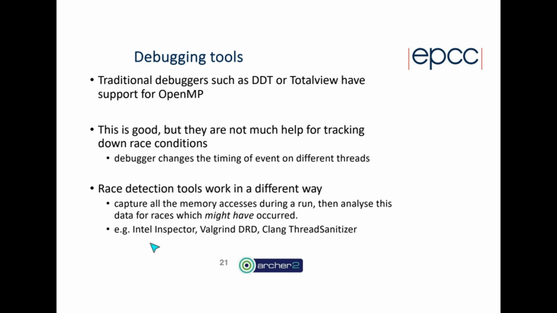There's an Intel tool, Intel Inspector. There's one that's part of the Valgrind suite, and there's also Clang Thread Sanitizer that do this sort of thing. Using them is, as with all tools, a bit of a learning curve.